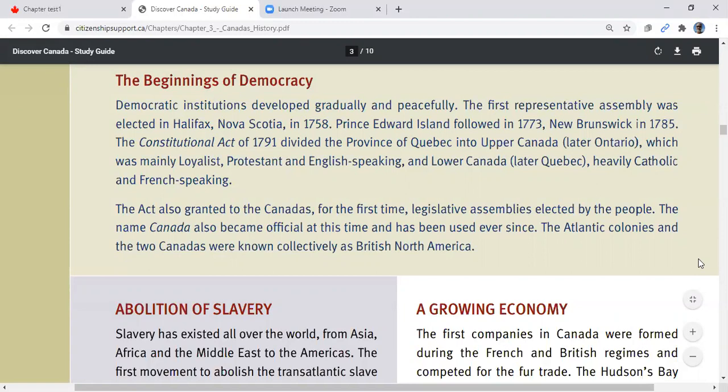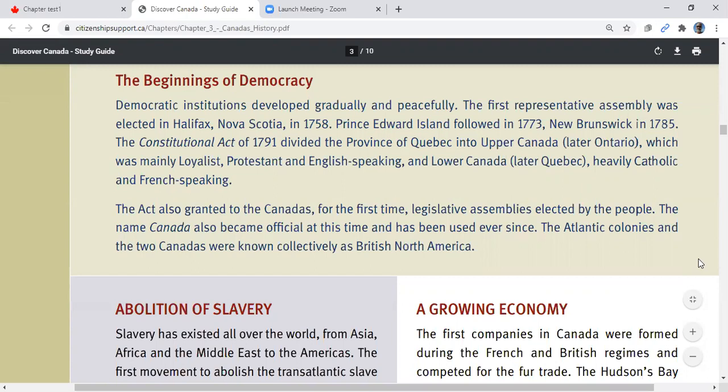The Constitutional Act of 1791 divided the province of Quebec into Upper Canada, later Ontario, which was mainly Loyalist, Protestant, and English-speaking, and Lower Canada, later Quebec, heavily Catholic and French-speaking.